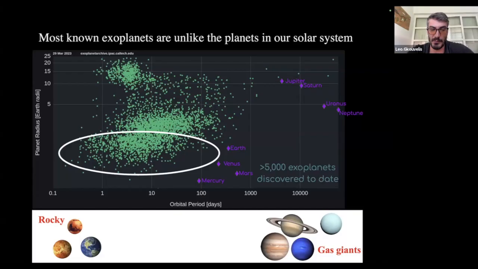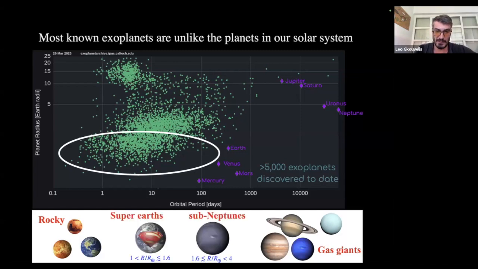You see on the one side, we have the rocky ones, right? Like Earth, for example. And on the other, we have the gas giants. So the question was, okay, is this a clear dichotomy in nature or not? You see here in this population that it's not. And actually, we know now today that there are objects in between them. And I will show you later a plot that basically this is the majority of the planets in the universe, which we don't have an example of in our own solar system.